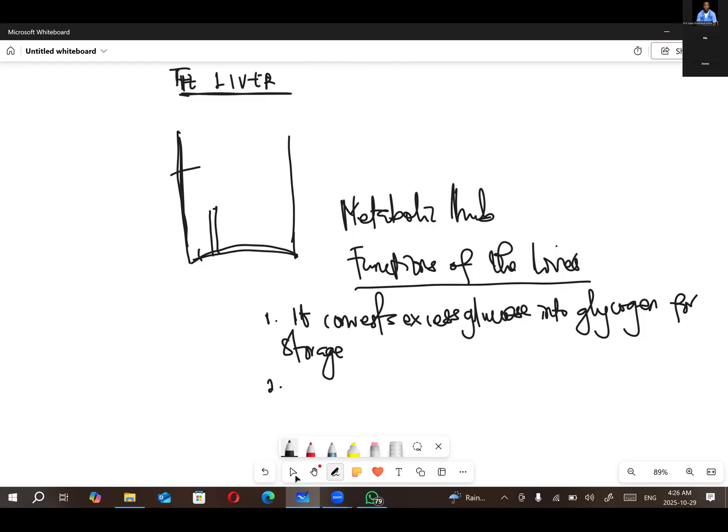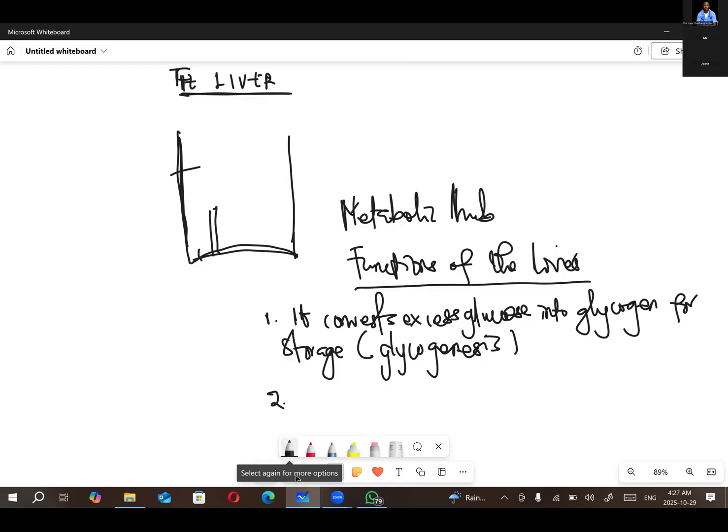By the way, this process is called glycogenesis. It converts excess glucose into glycogen for storage.